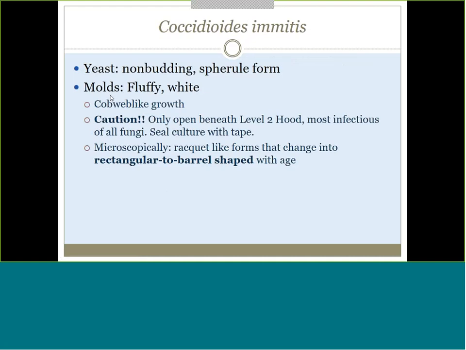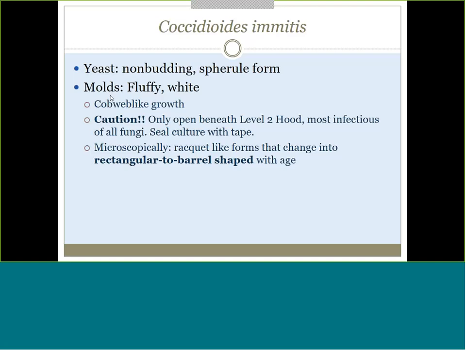The big thing with Coccidioides is it's easily transmissible to others in the lab when we're working with it. It's so huge to make sure you only work with this under at least a level 2 hood. Very, very infectious of all the fungi, so it's easy to pick up by other lab workers and actually become sick with it. So if you're not working with this under a level 2 hood, you're going to get sick. So that's where the caution comes in.